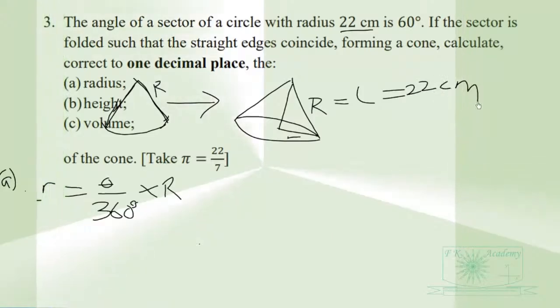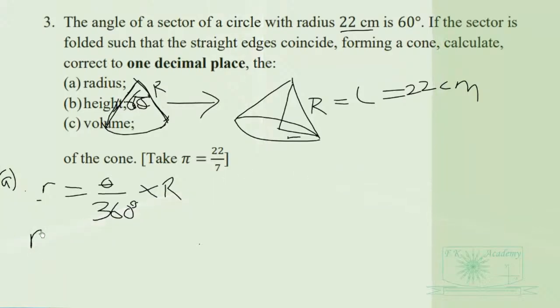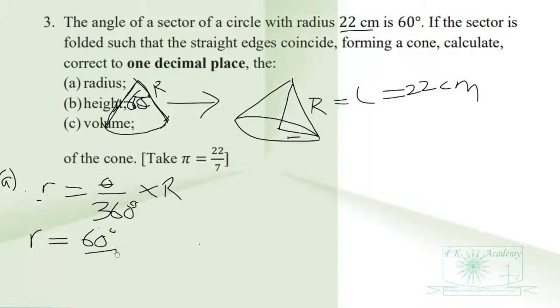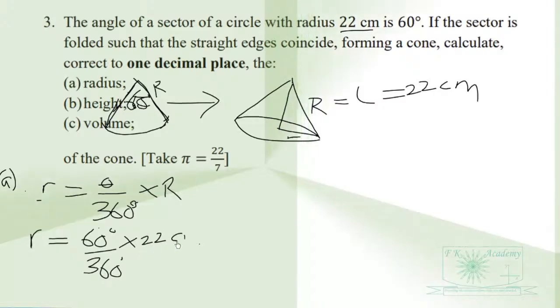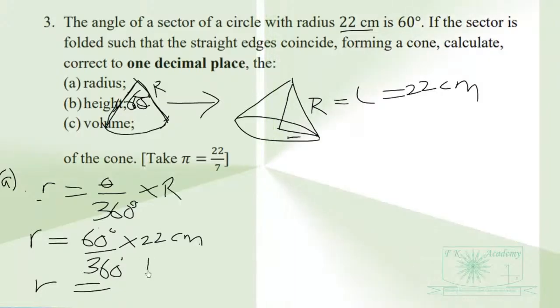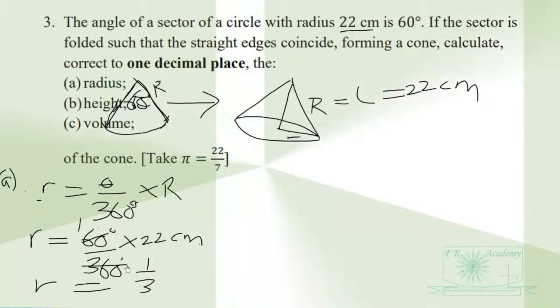So theta is giving us 60 degrees. So r, the base radius of the cone, will be equal to 60 degrees over 360 degrees times 22 centimeters. And this will be equal to 1 over 3, because 60 will go into itself 1, and it will go into 360 6 times.